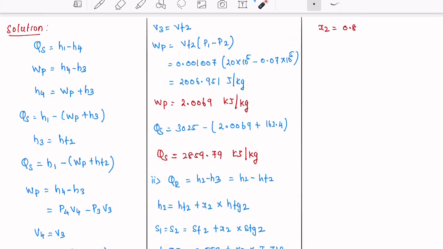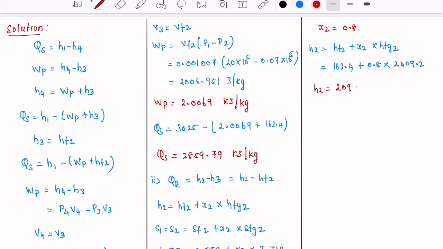By substituting the value of X2 in the enthalpy equation, H2 is equal to HF2 plus X2 into HFG2, which is 163.4 plus 0.8 into 2409.2. This value is taken from the steam table. After calculation, the value of H2 is equal to 2090.6 kilojoule per kg.